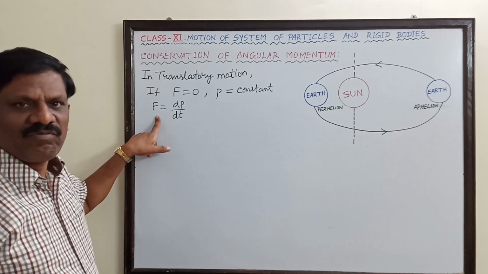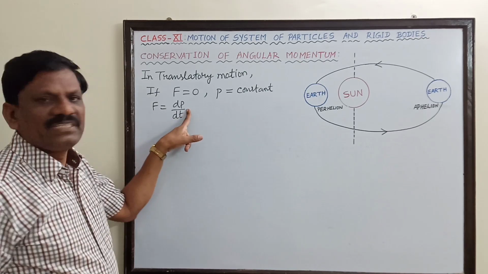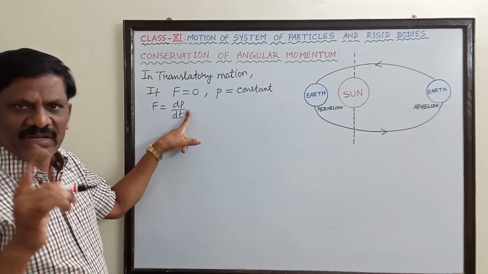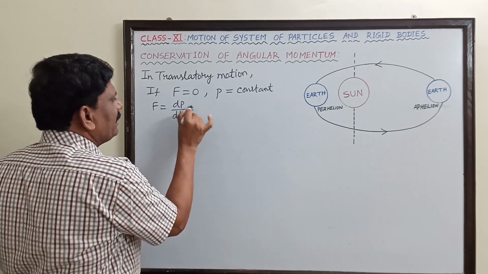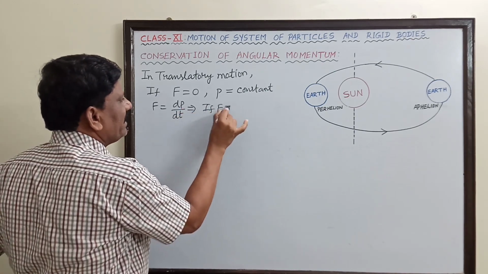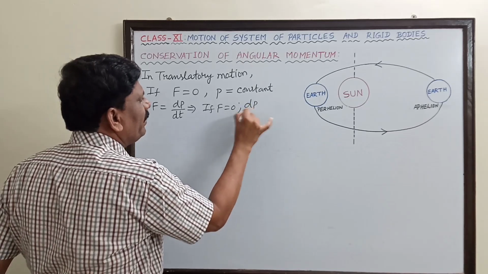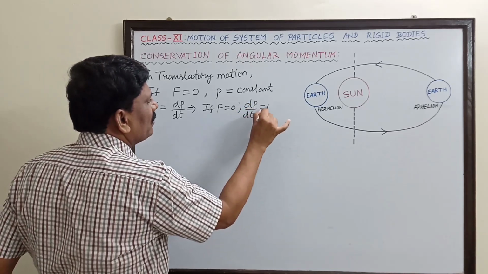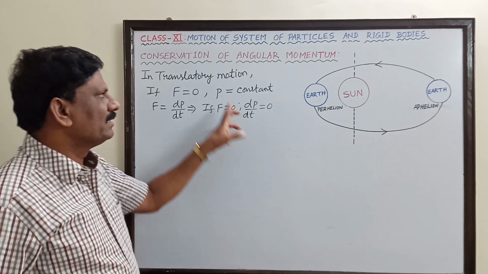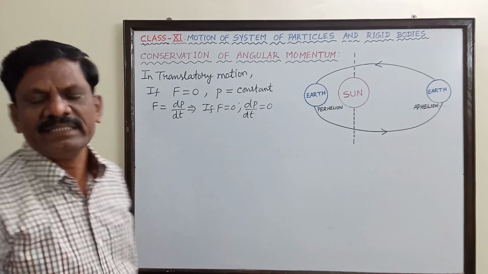That is, the external force is equal to the rate of change of linear momentum, as we have studied. So if F is equal to 0, then dP by dt is equal to 0. Therefore, P is equal to constant.